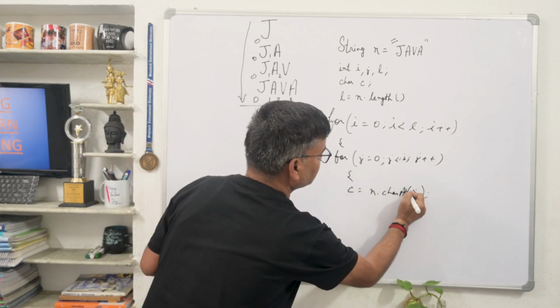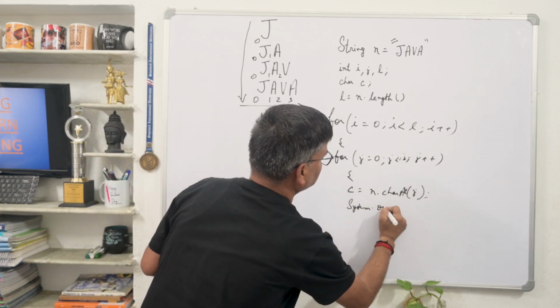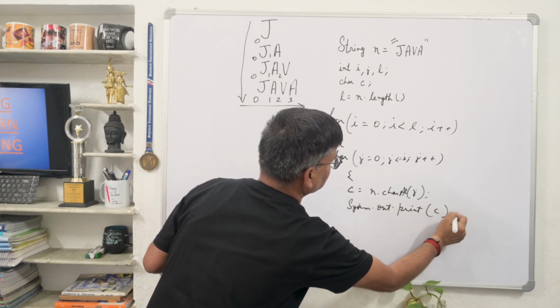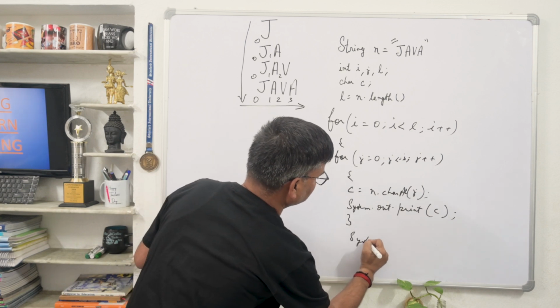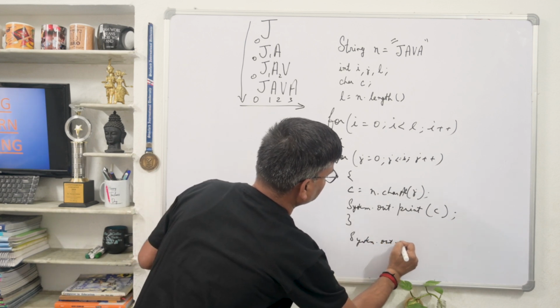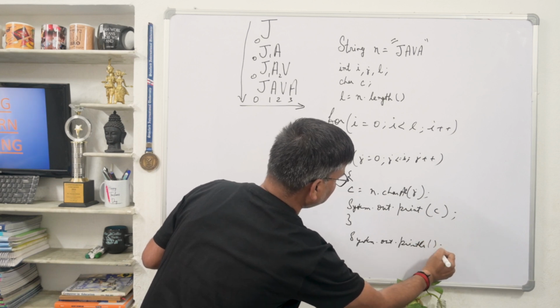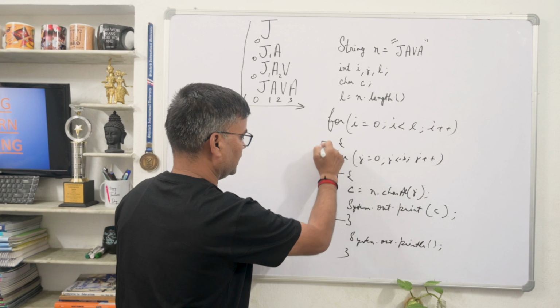And then what I'll do here, System.out.print(c). The character will be printed, and outside the loop I'll say System.out.println(). Okay, this will close the loop. This was the inner loop, this is the outer loop.